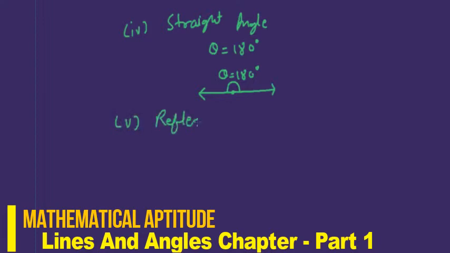A reflex angle is an angle whose measure is greater than 180 degrees but less than 360 degrees. Such an angle whose measure is greater than 180 and less than 360 we will call a reflex angle. And the geometrical representation of this angle is like that. This angle represents a reflex angle.